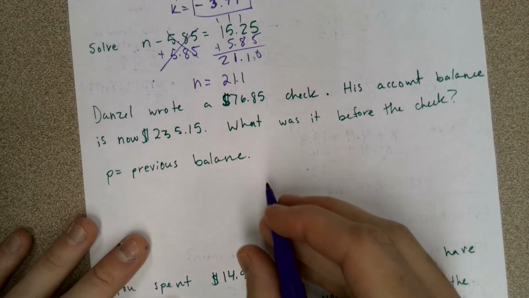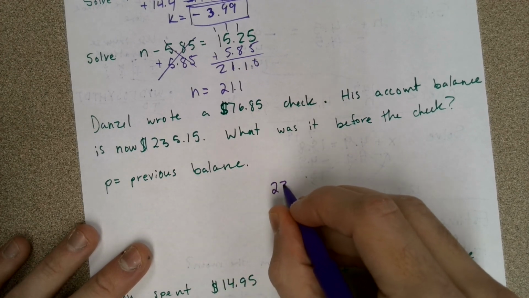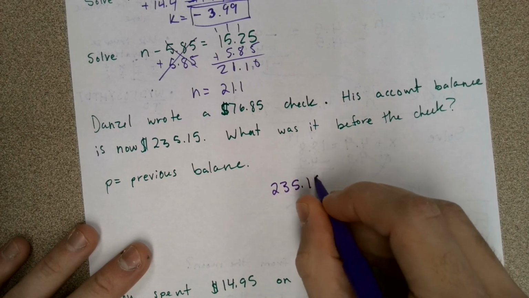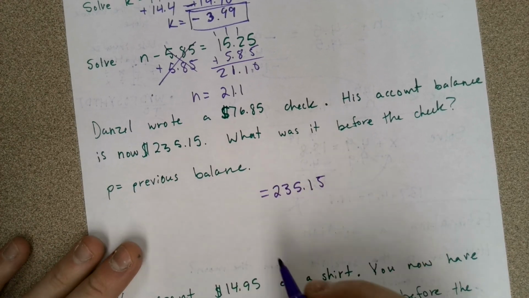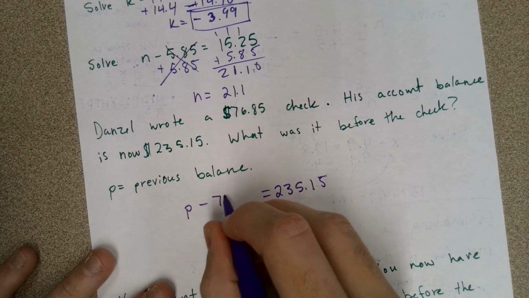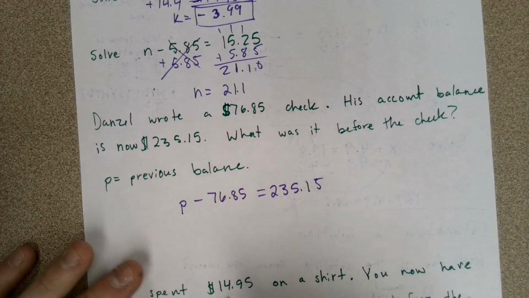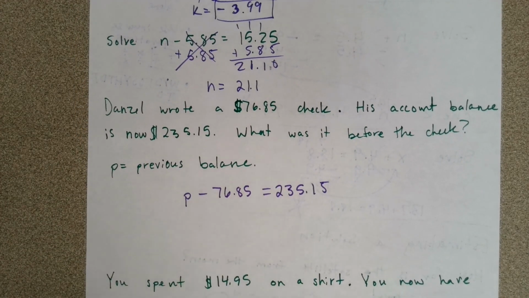So we know his account balance is now 235.15. We can know that his previous balance minus 76.85, his previous balance minus the new check, is going to equal his current balance.